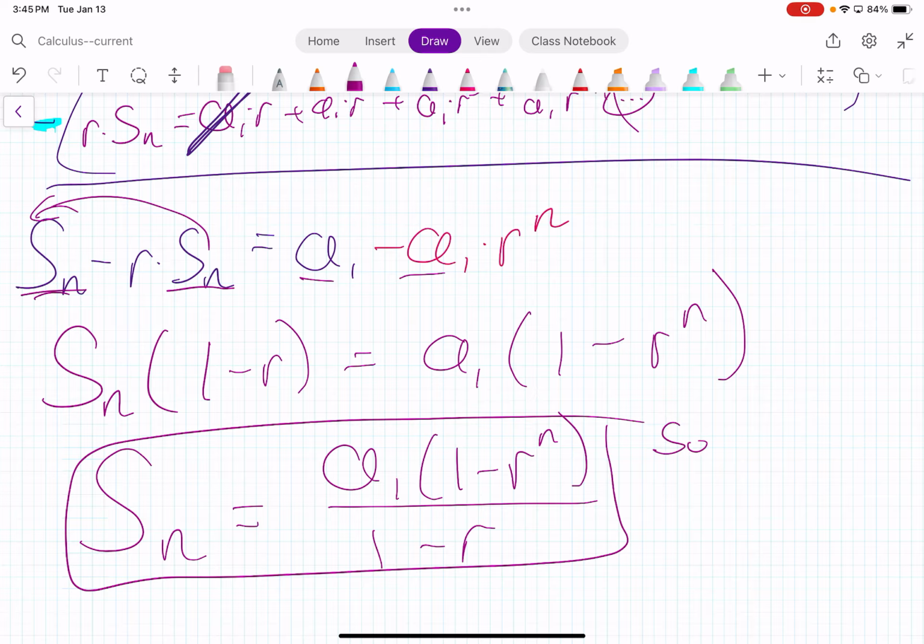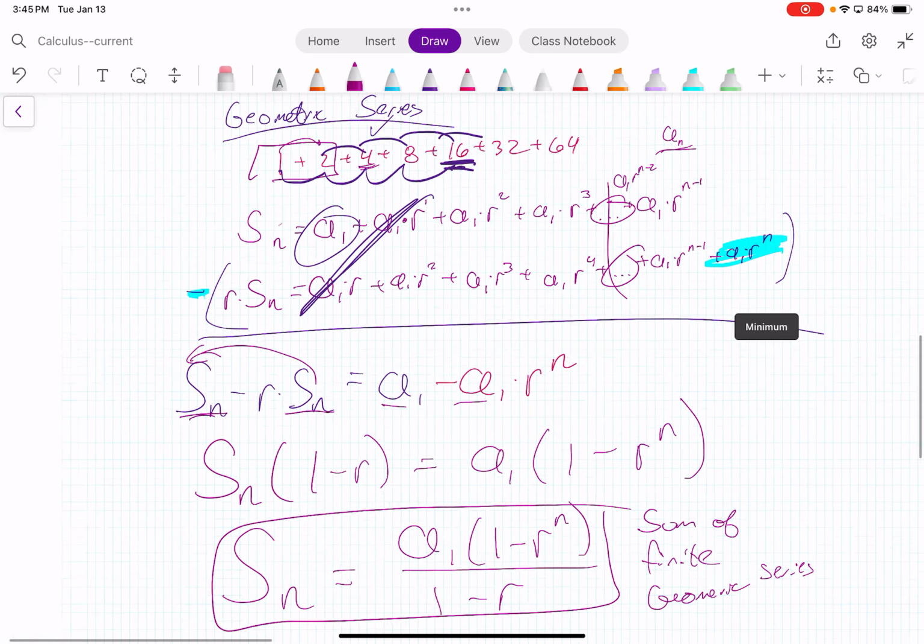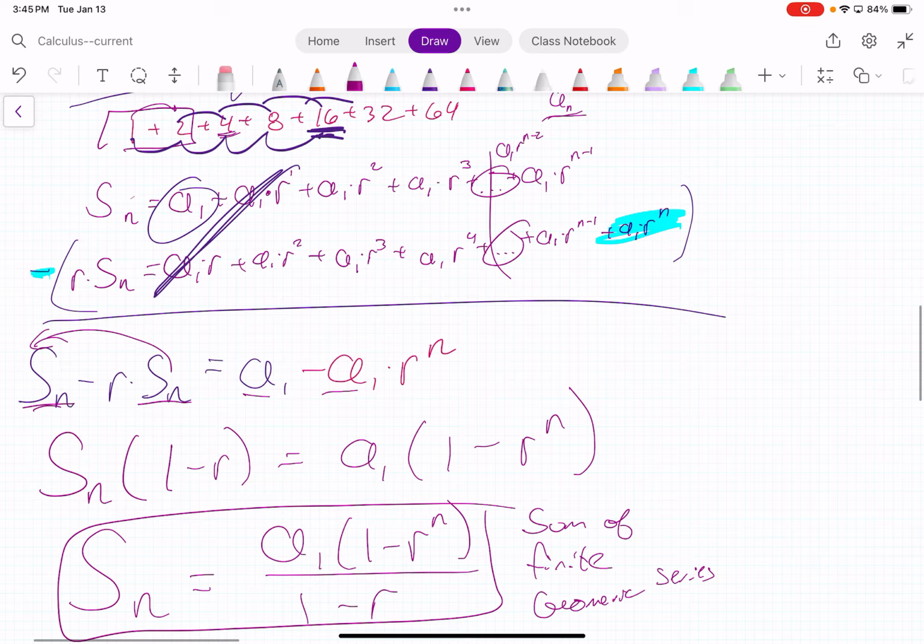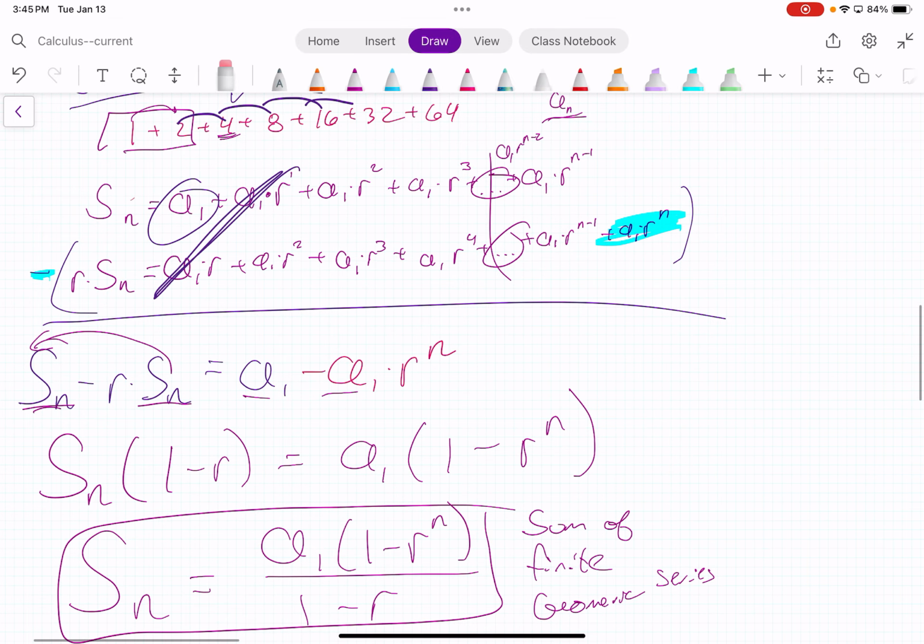So this is the sum of a finite geometric series. If we want to check it, if I zoom out here a little bit and we go back to my made up times 2 example here.